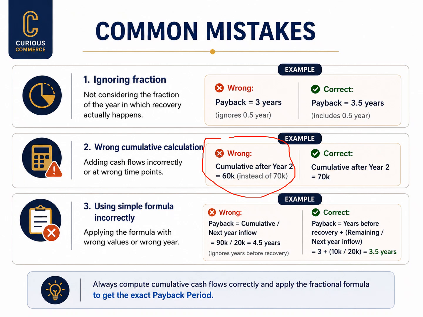Mistake three is using simple formula incorrectly. Simple formula works only for even cash inflows. For uneven cash inflows, always use cumulative method. These mistakes are very common in exams, so be careful about the formula adoption.